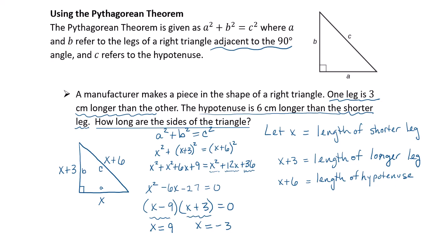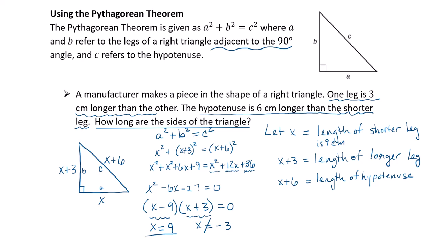We said x was the length of the shorter leg. Is x 9 or is x equal to negative 3? Well, we can't have negative lengths on legs, so we know it's going to have to be just the single answer of 9. So the length of the shorter leg is 9 centimeters.